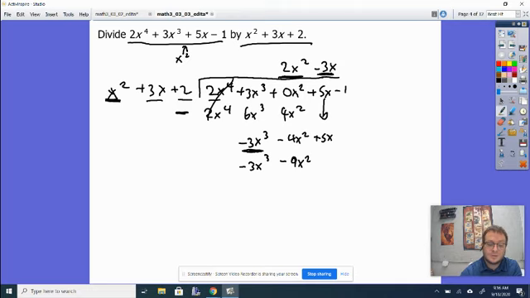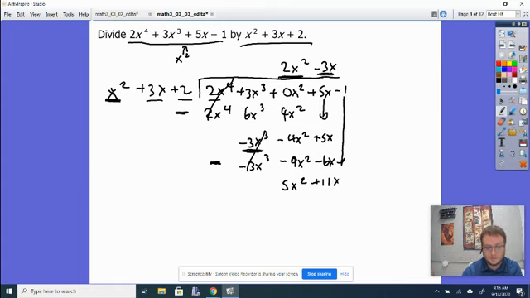Negative 3x times 2 is negative 6x. Now please be very careful when we're subtracting. Minus 3, minus, positive, so this is going to cancel. Minus 4, minus, so plus. Negative 4 plus 9 is 5x squared. 5 minus minus again, plus 11x.